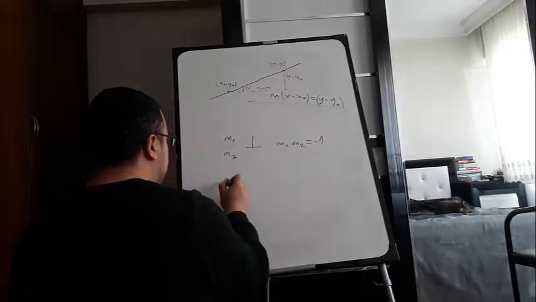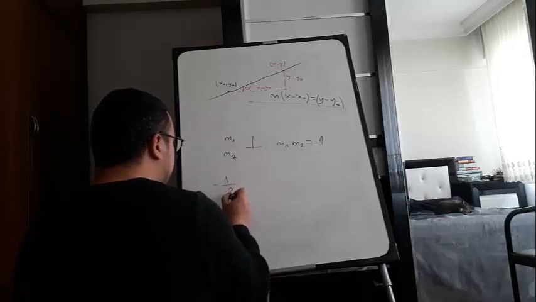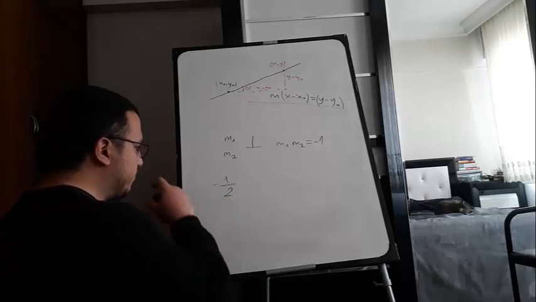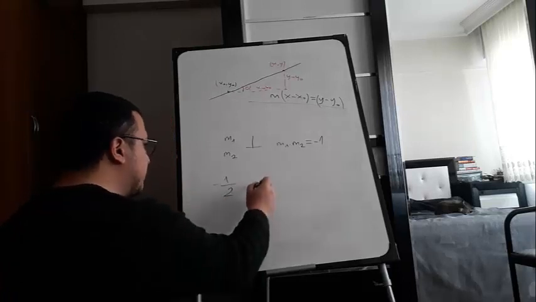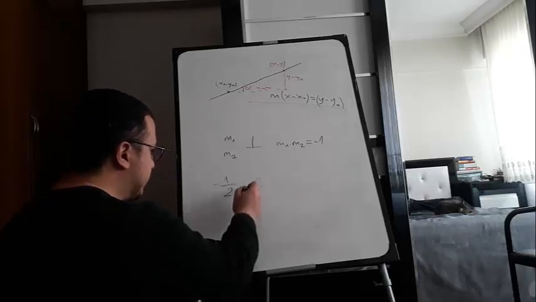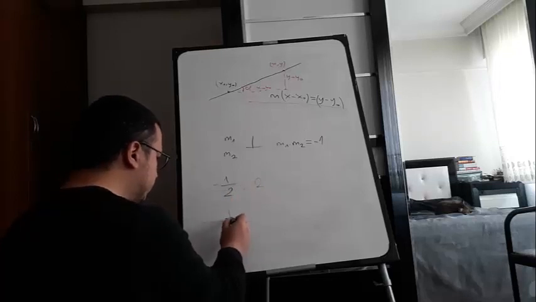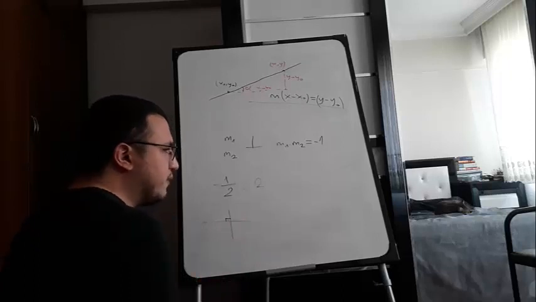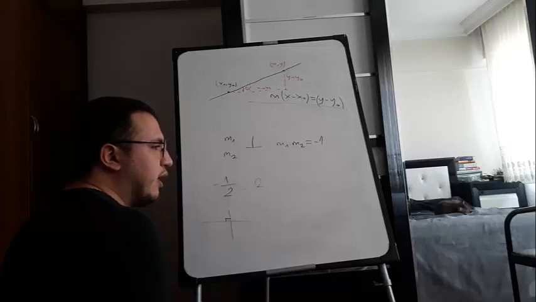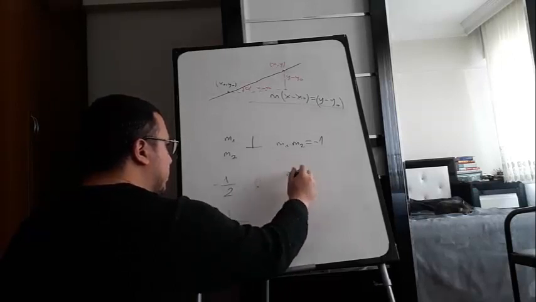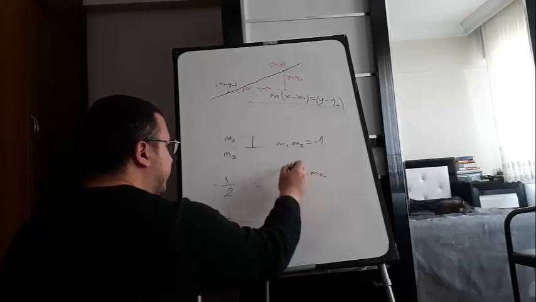For example, one line with a slope of 1/2 minus, -1/2, and the other is 2. These are perpendicular to each other. If they are parallel to each other, then obviously the slopes will be equal to each other.